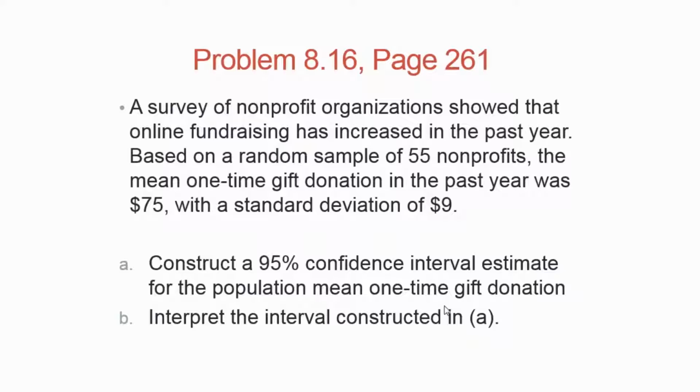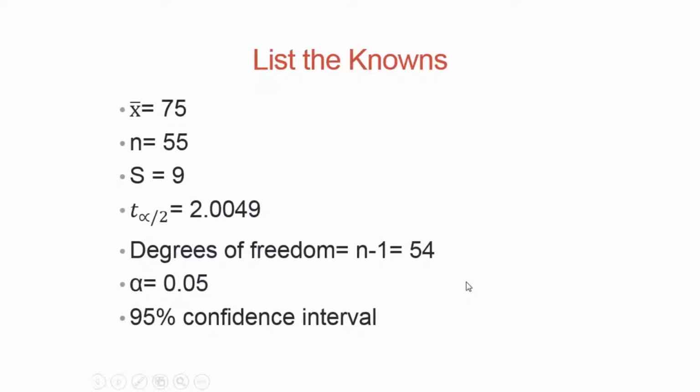Part A says, construct a 95% confidence interval estimate for the population mean one-time gift donation, and then interpret the interval that you construct in A. So this is what we know in the problem. X bar equals 75, n equals 55, s equals 9.